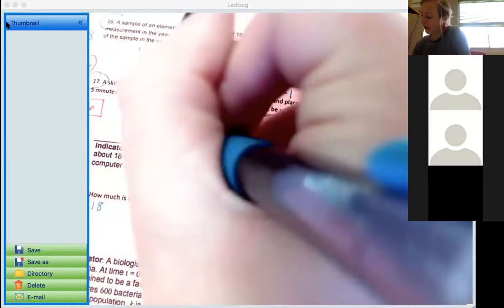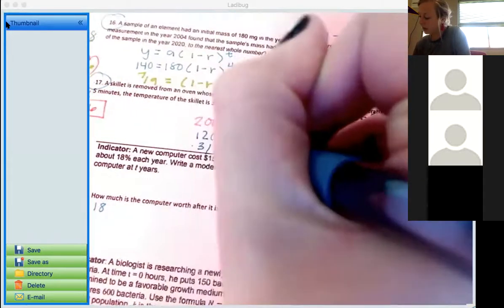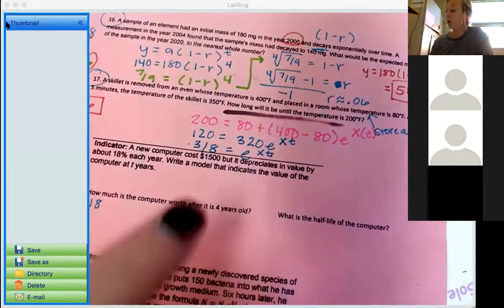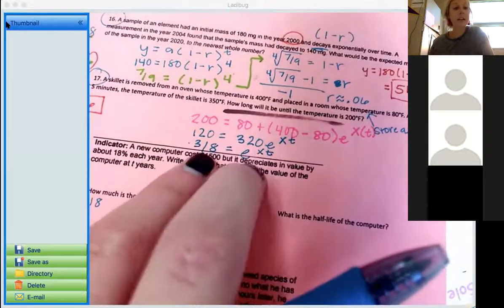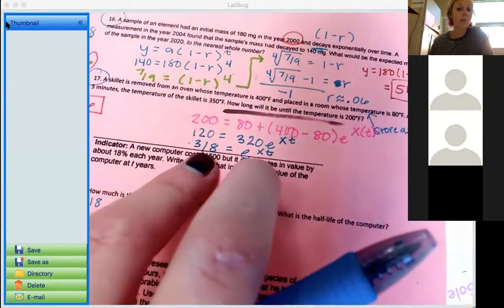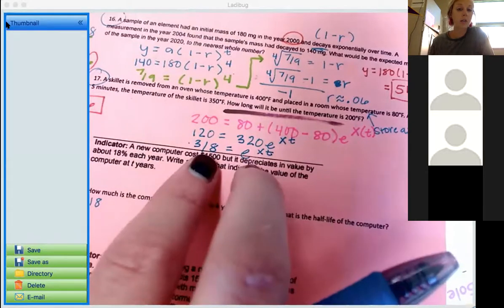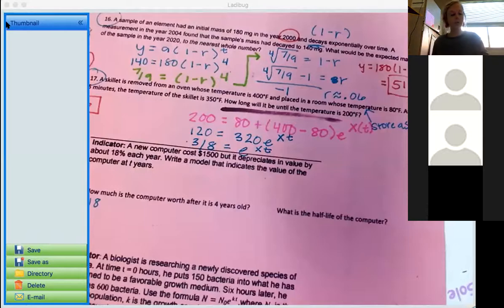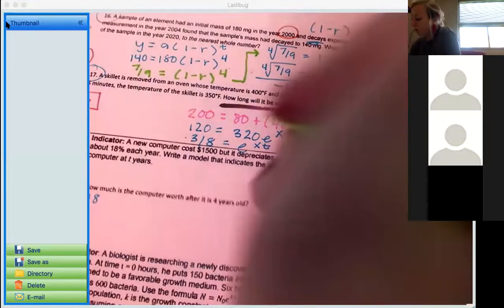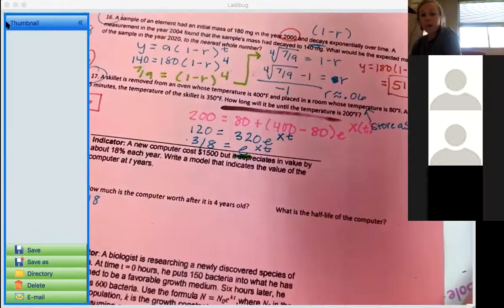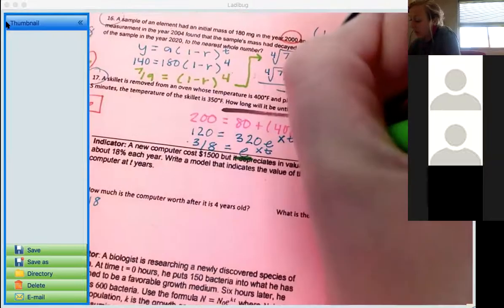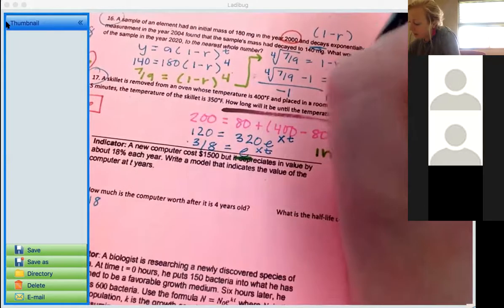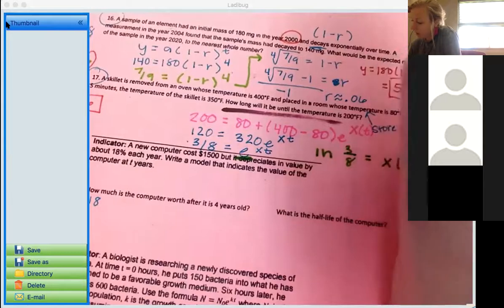3/8 equals e to the xt. Then you can either natural log both sides, or since it's an e, we could do loggy froggy for this one. Does anybody want to see that? Loggy froggy. Okay, I'll show you loggy froggy for this one. So you would do log base e, which means it's a natural log, of the solution, 3/8, equals the exponent.